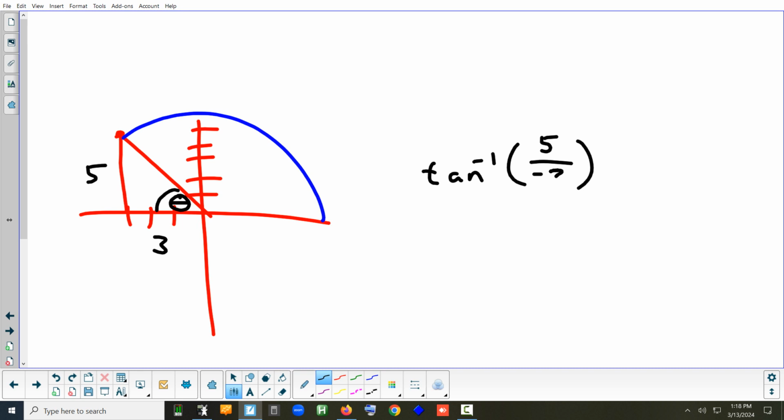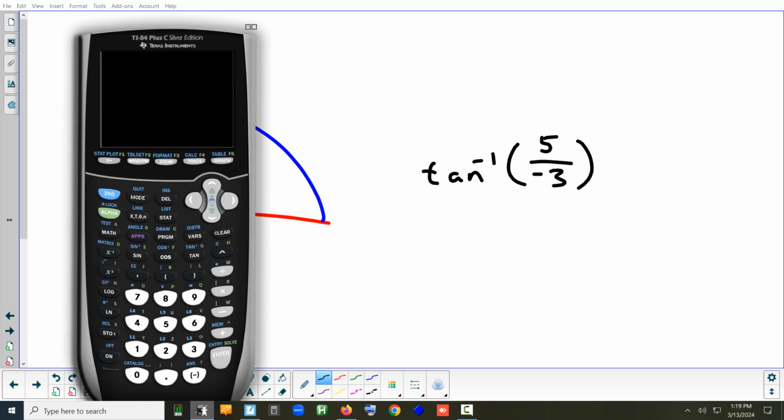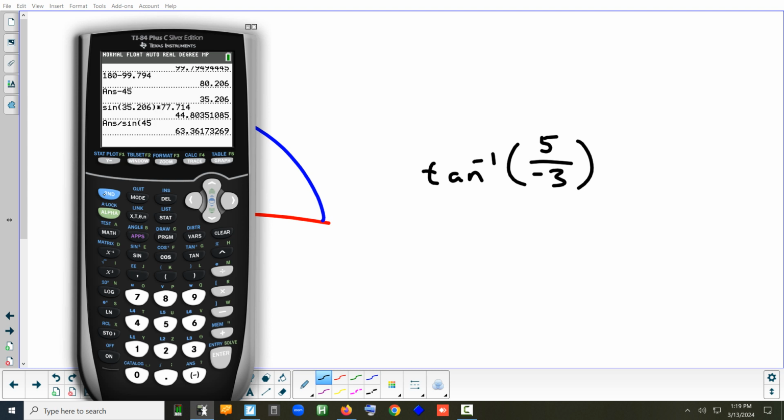Negative 3. Let's just try inverse tangent y over x and see if it gives us an answer that makes sense. What kind of answers would make sense for quadrant 2? Should be between what two numbers? 90 and 180. So let's try our formula and see what happens. Inverse tangent of 5 divided by -3.